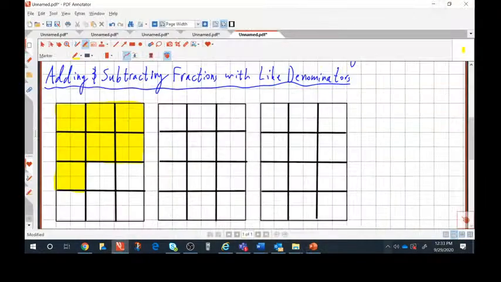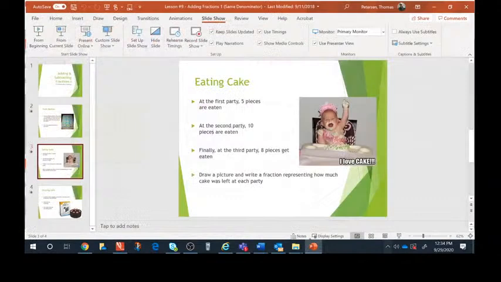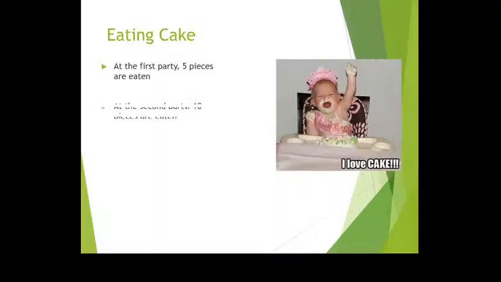Okay. Now, folks, if 10 pieces were eaten, how many pieces were left? Everyone, there were 2 pieces left. Good. Next. At the third party, 8 pieces got eaten. How many are left? Be very careful here, guys.